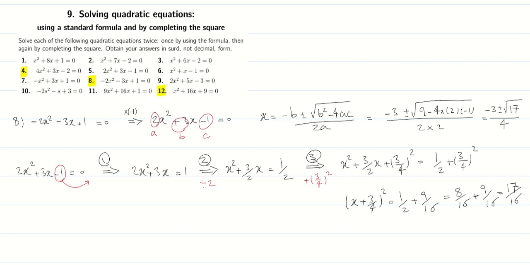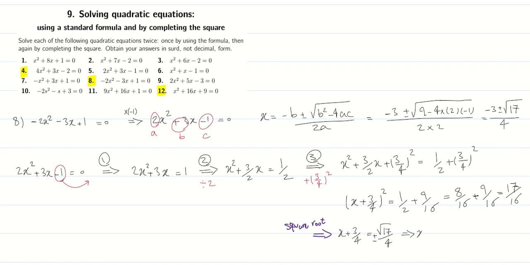Now I can take a square root of both sides of the equation. So I would have x plus 3 over 4 is equal to square root of 17 divided by 4, and don't forget the plus and negative sign in here.